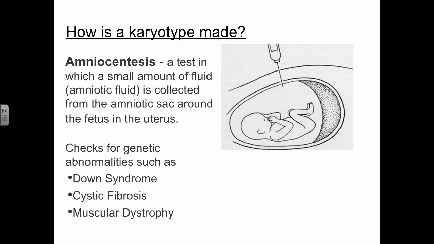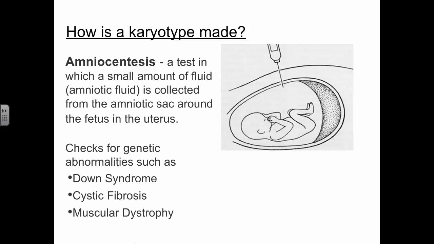It's what's around the fetus and inside the uterus. And that sac contains cells of the fetus. So they're taking not cells of the mother, just cells of the fetus alone, and they make a karyotype from that.